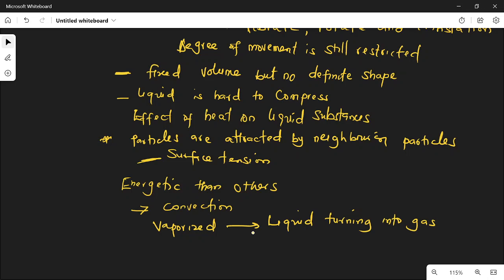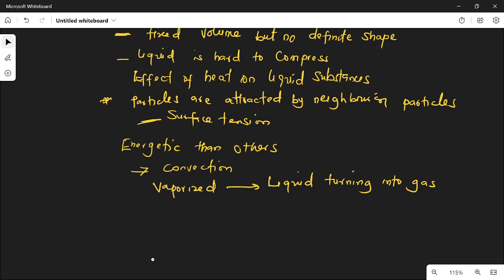So which means that if your liquid acquires more kinetic energy as a result of increasing heat energy, what happens? They break away. And when they break away, we say vaporization has occurred. We can use what we do at home as an example. You are boiling water and you leave it for hours.